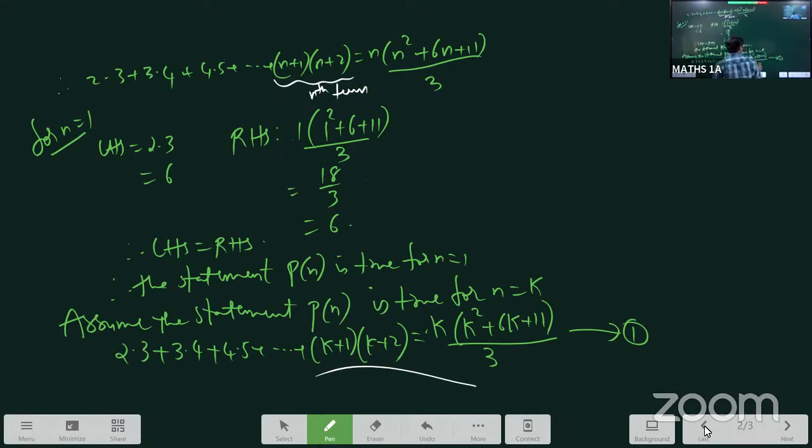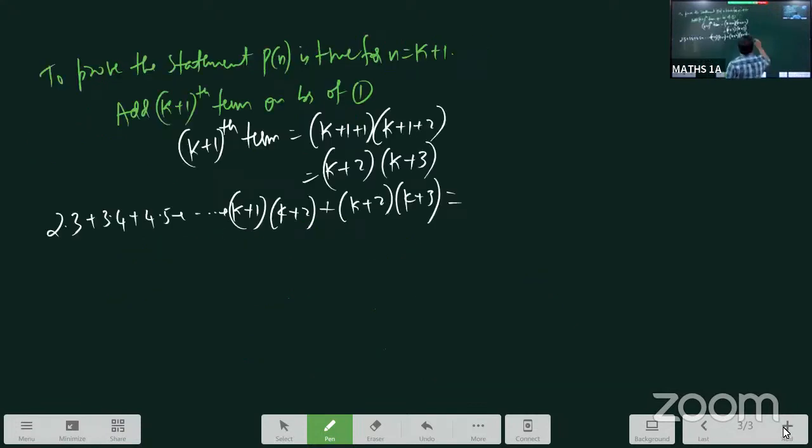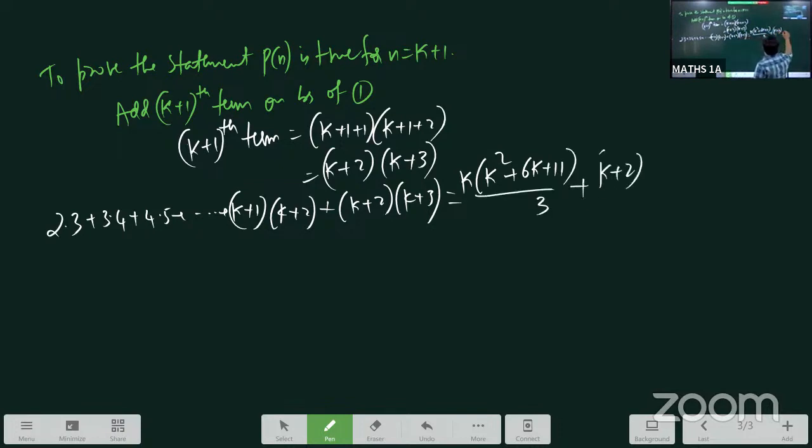Here we are going to add: k into k square plus 6k plus 11 by 3 plus k plus 2 into k plus 3. So we've added k plus 2 into k plus 3 on both sides of equation 1. So what is equation 1? The assumed statement for n equal to k. That is your equation 1.